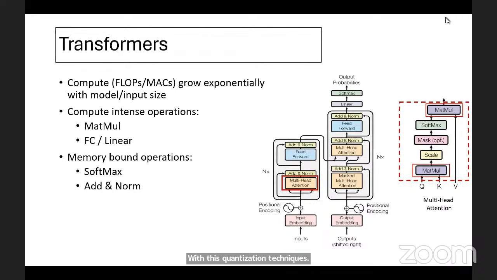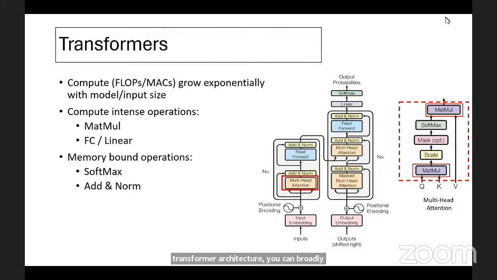So this is one of the popular slides on how a transformer model architecture looks like. And as you can see, it's a repetition of the same blocks. If you look at these building blocks that form the transformer architecture, you can broadly classify these operations into two types.